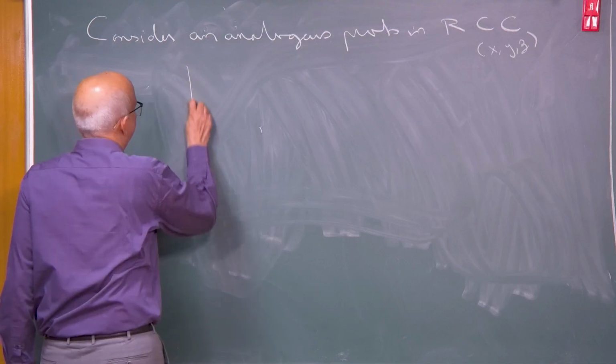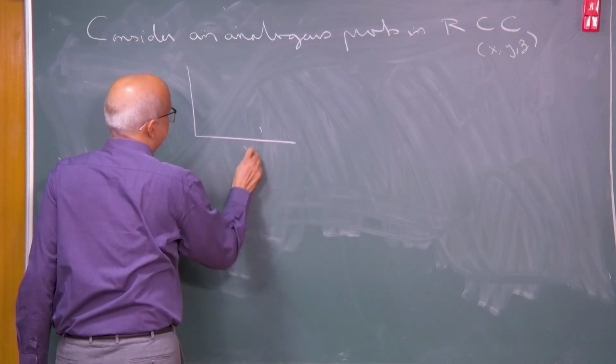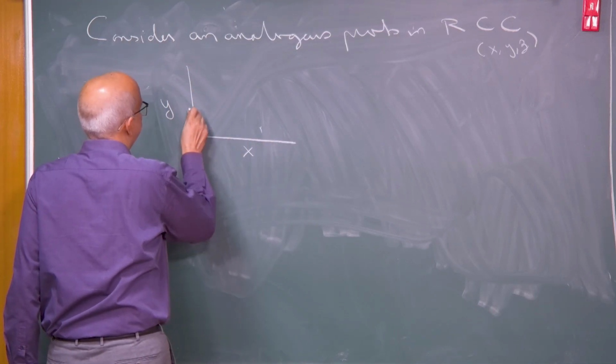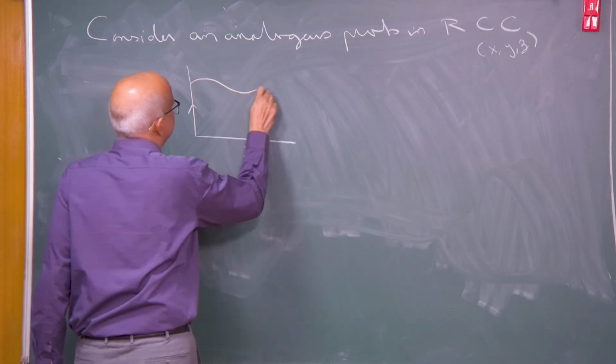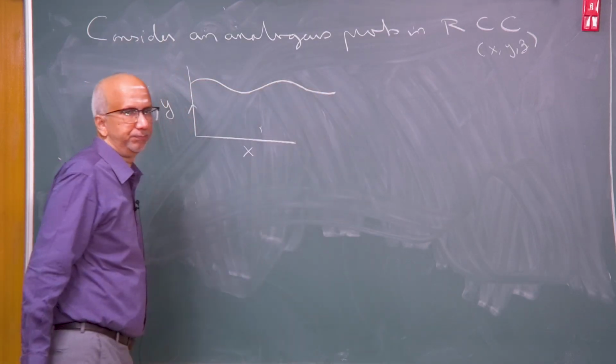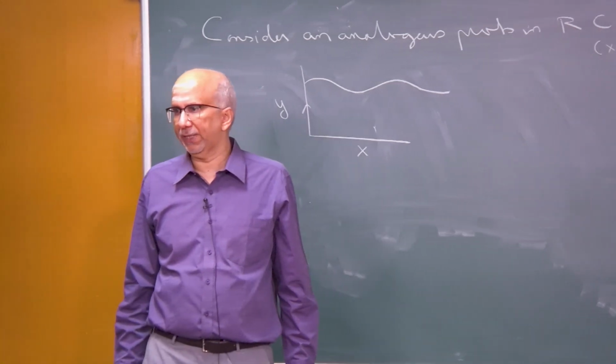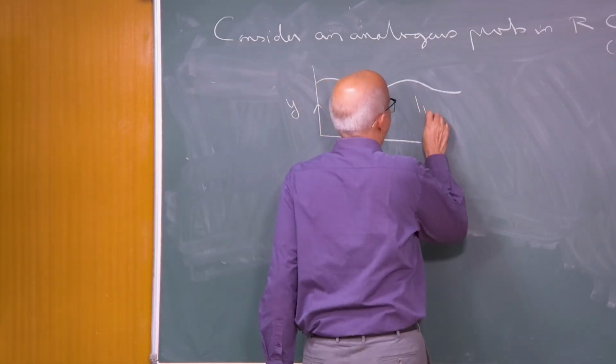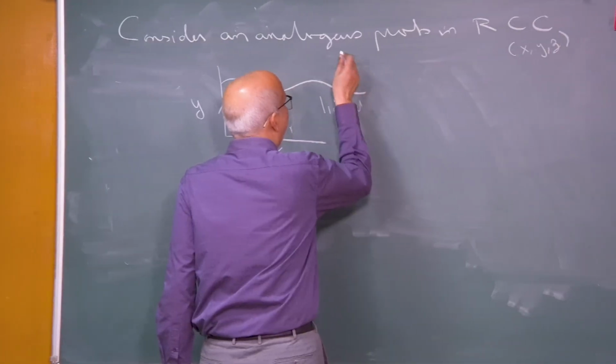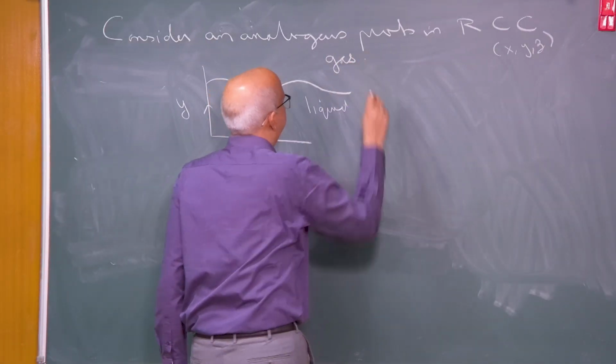So, this is x, this is the y direction, and let us say this is the surface. This is the liquid, and we will keep life simple, make this gas on top.